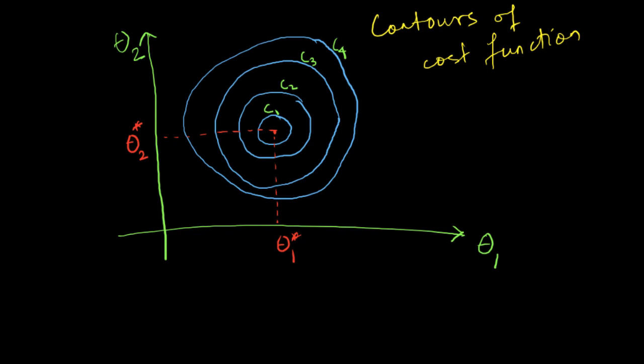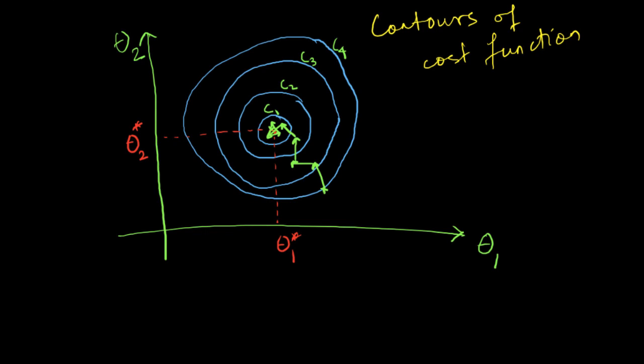So now what happens? Let's say you start from an initial guess, which was over here, and then you use gradient descent to move inside these contours till you reach a point which is close to theta star, and then you converge to your desired value.